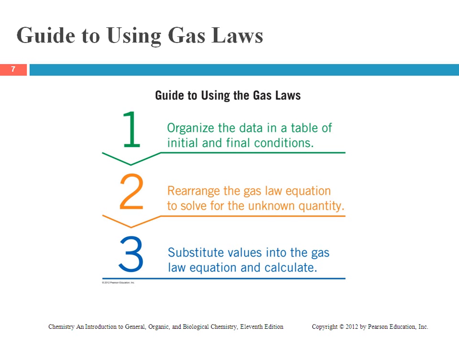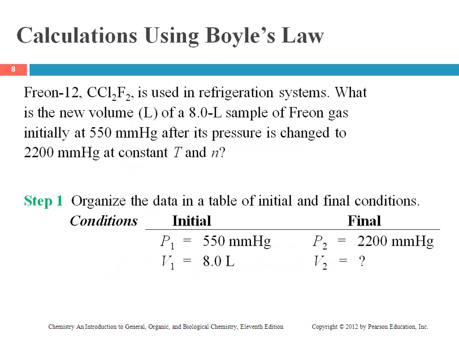When we use Boyle's law in calculations, we want to organize the data in a table, or however you would like, for initial and final conditions. P1 is for initial, so you can even think of it as PI VI for initial, and P2 or PF for final. So 2 is the final. Then you rearrange the gas law to solve for the unknown quantity, substitute the values, and calculate.